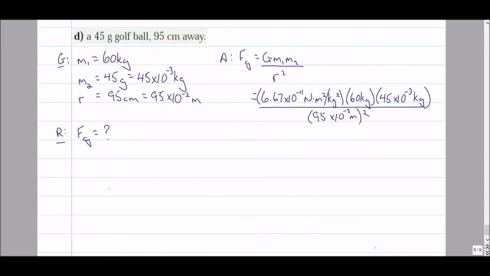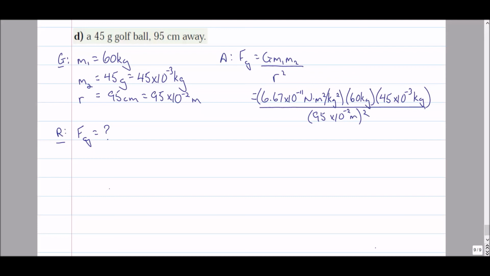And lastly, to look at a slightly more extreme situation, extremely small, let's look at the attraction between a 45-gram golf ball and that same student, and now they're separated by a little less than a meter, 95 centimeters. So we've got the mass 1 is 60 kilograms.